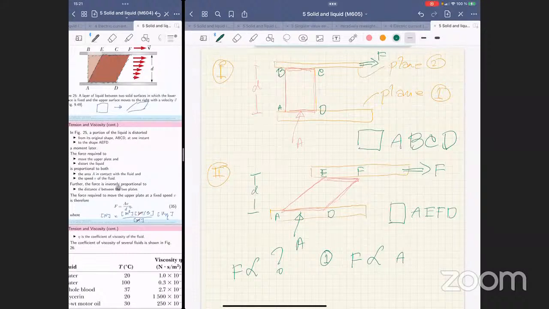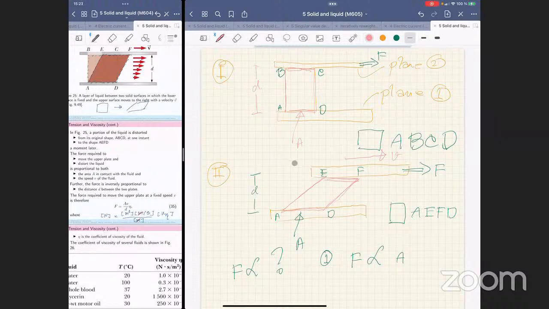And if you want to move it very quickly with velocity v, you need more force.